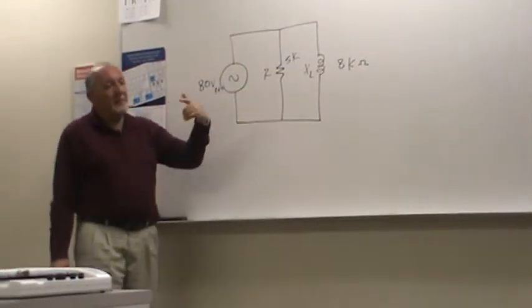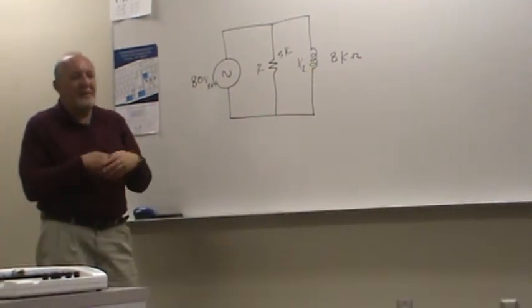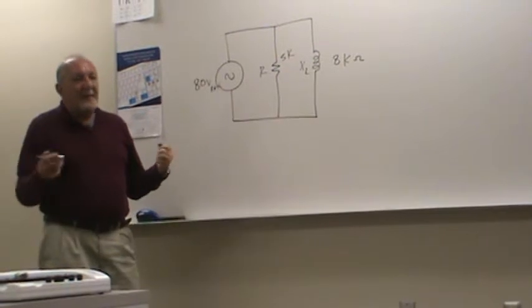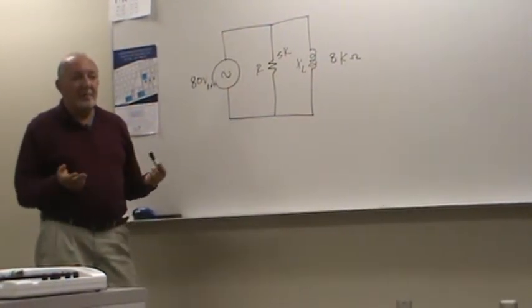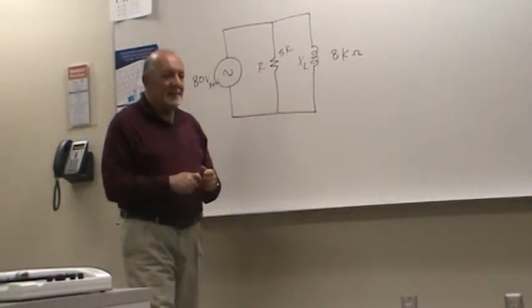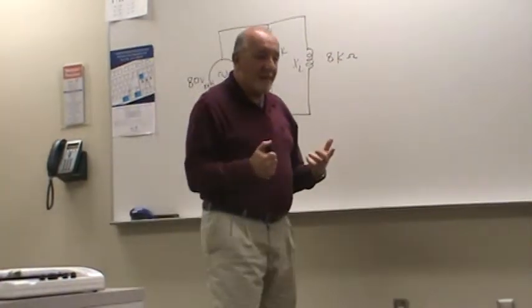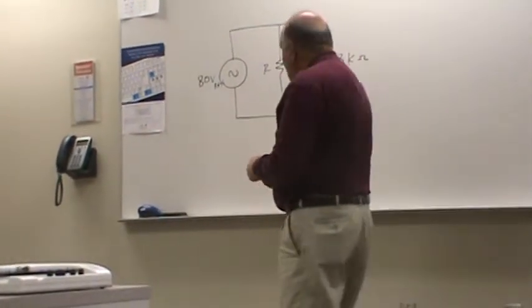Remember, in a series circuit we find impedance, then V over Z to find I total. Here I'm going the exact opposite way: find the current first, then find the impedance last.